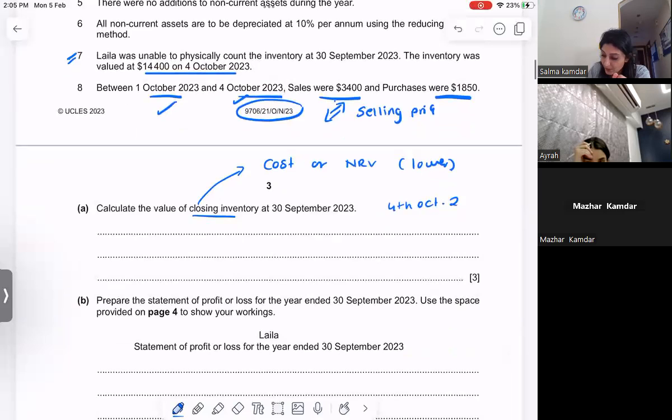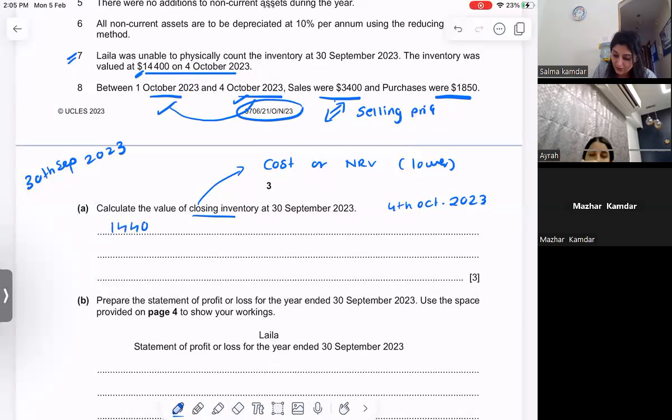So on 4th October 2023 your closing inventory is this much, and the year ended on 30th September. So you need your closing inventory on 30th September 2023. Between 1st October and 4th October, you have sold something, so from this you have to add back what you have sold.